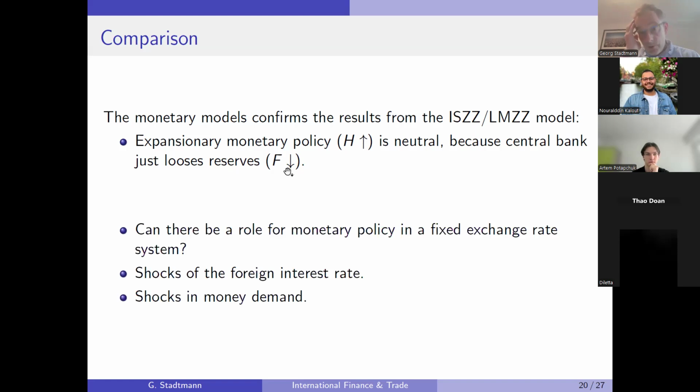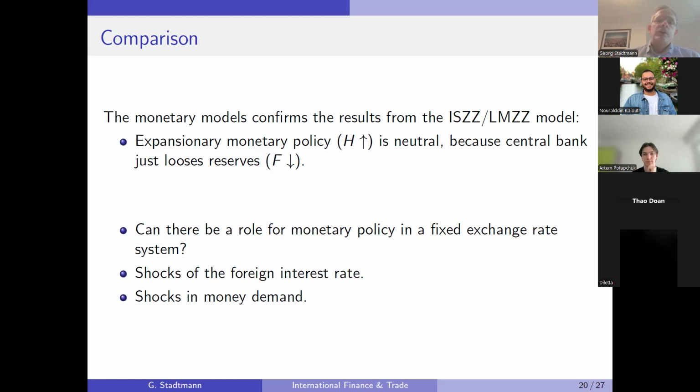Can there be a role for monetary policy in a fixed exchange rate system? Yeah, it depends on the shock. In case that we would look at other shocks, for example, a shock in the foreign interest rate or a shock in money demand, then there could be a role for monetary policy.